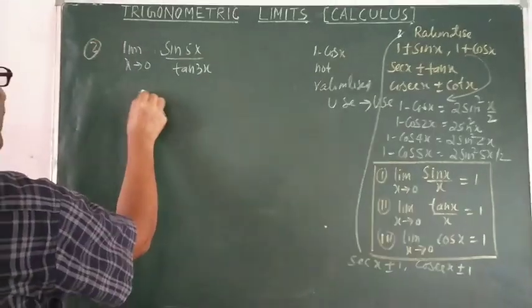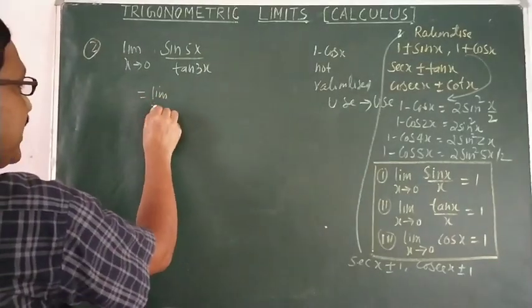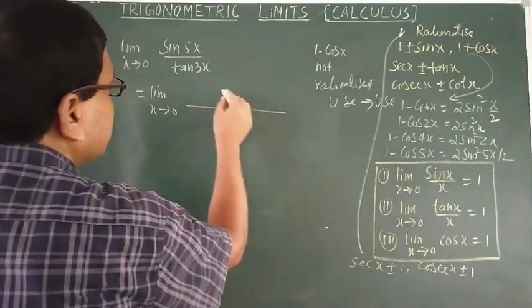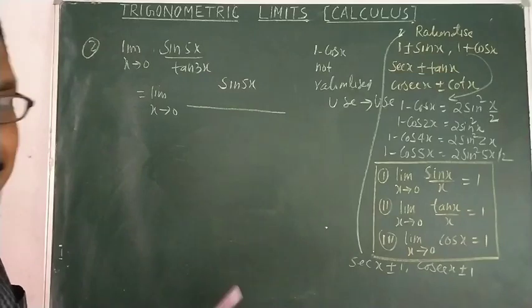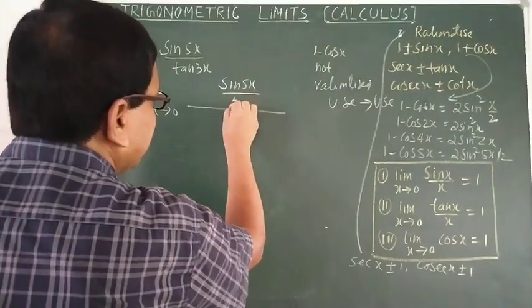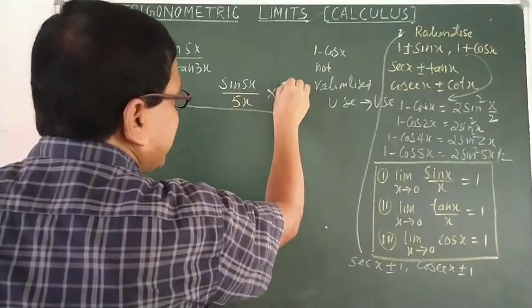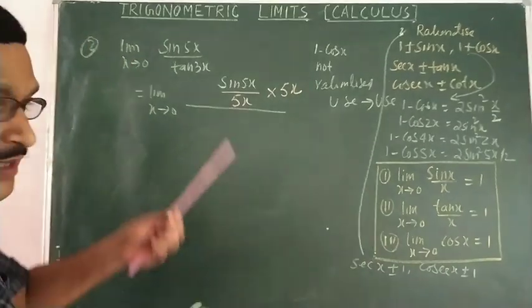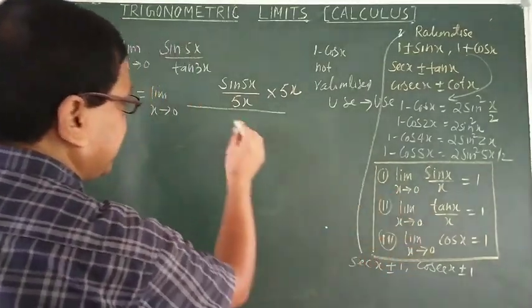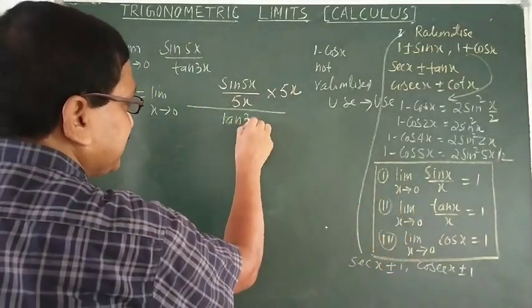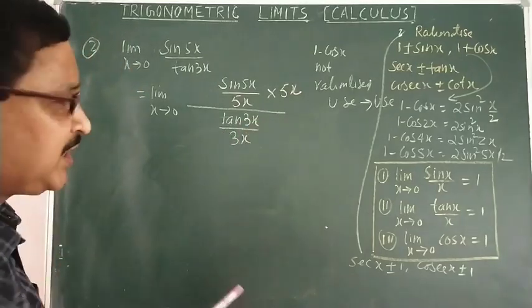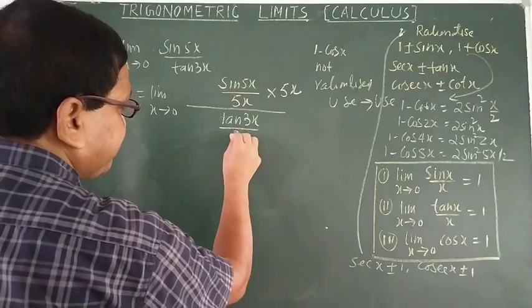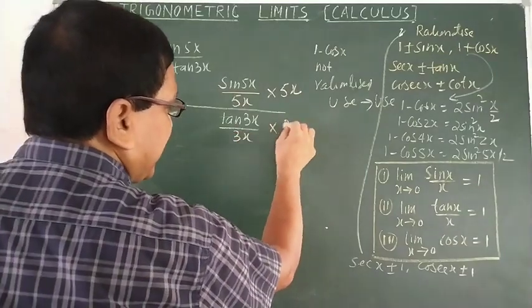For sin 5x, we need 5x, so multiply by 5x here. For tan 3x, extra 3x is required, so multiply by 3x.